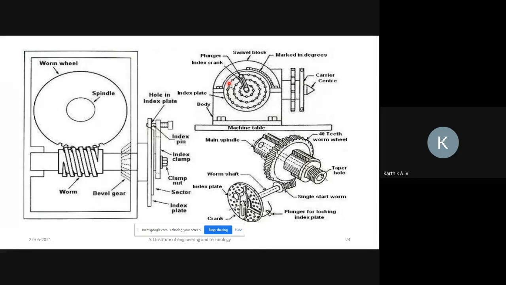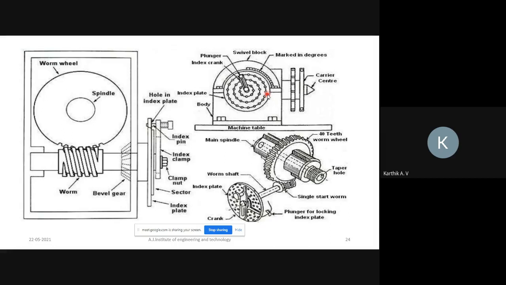Third division, how to create the third division in the workpiece? Again, one full rotation in the 21 hole circle, and count 9 holes, 1 2 3 4 5 6 7 8 9, fix it here and mark in the workpiece. That is nothing but the third division.